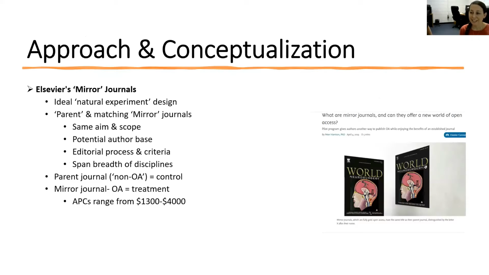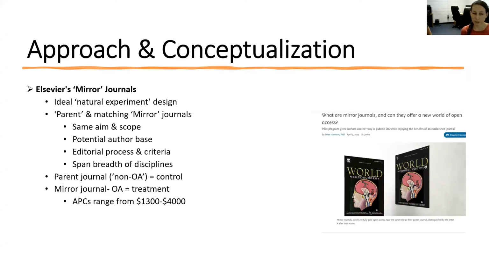And to test this out, we used Elsevier's mirror journal system. This is a relatively new system that provides kind of an ideal natural experiment design, because they have traditional parent subscription journals that are paired with a new journal of almost the same name that's called a mirror journal.